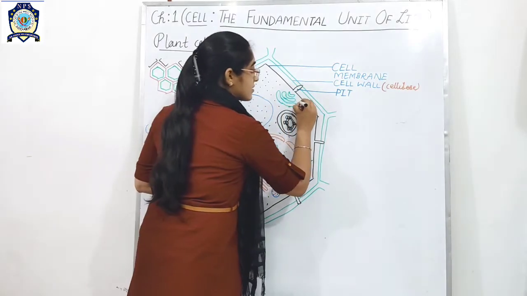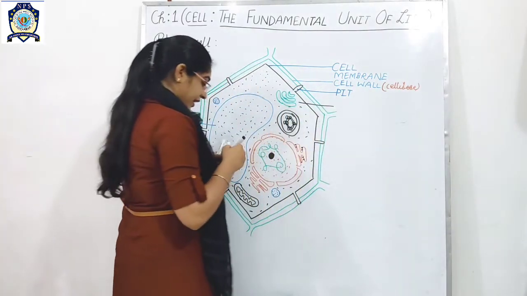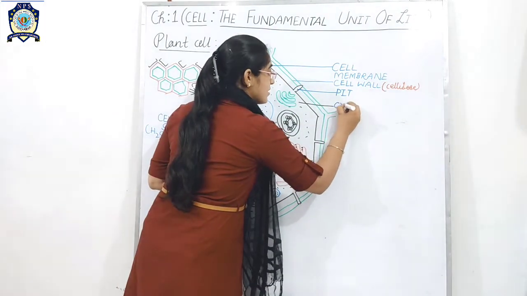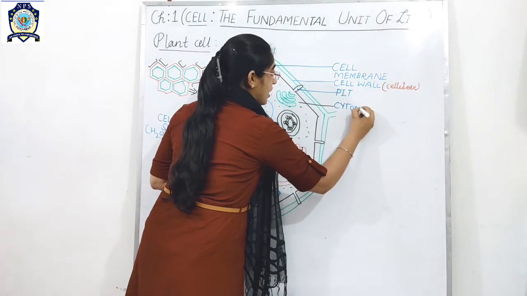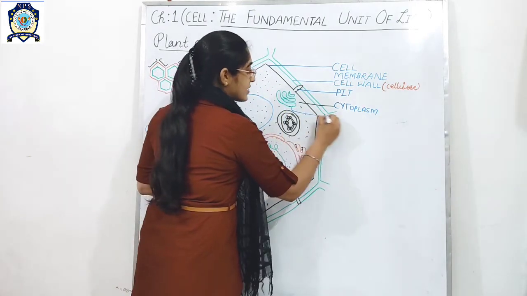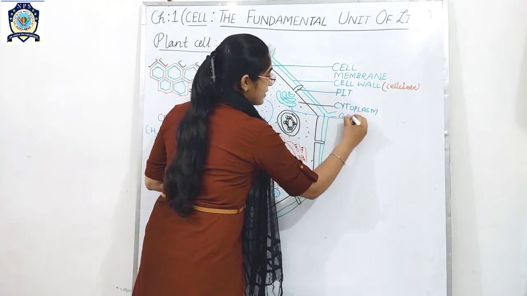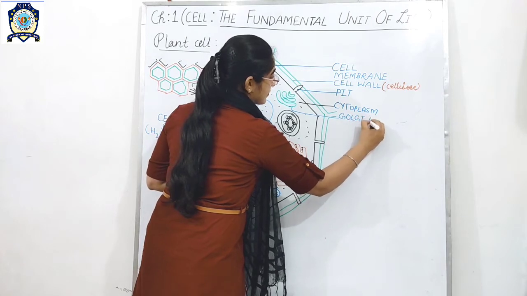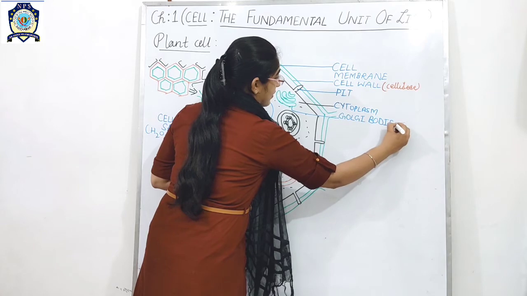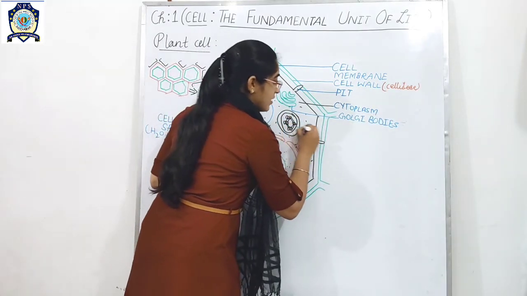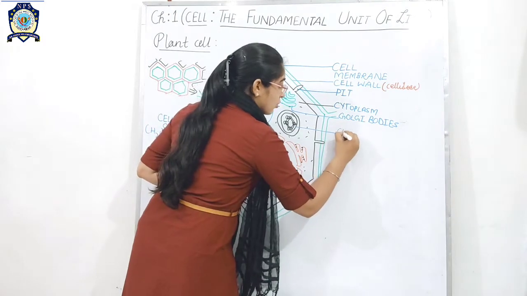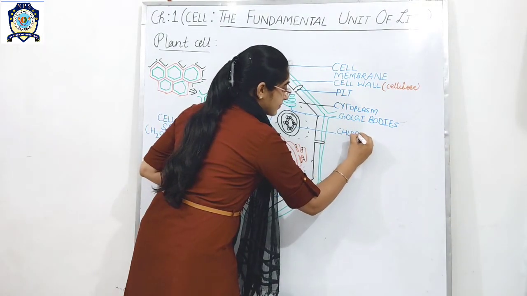The matrix of the cell is called the cytoplasm. So again let's label it. So this is the cytoplasm. Okay, and this one is the Golgi bodies, and this main portion is called the chloroplast.